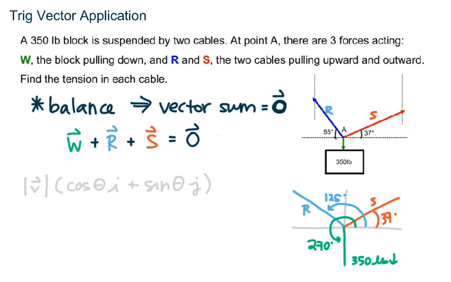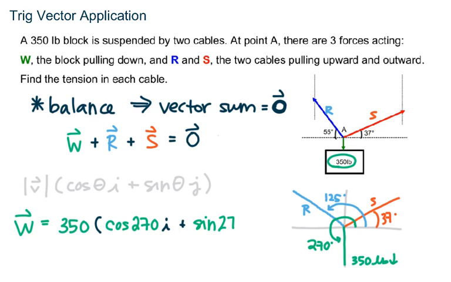So if I set up my vector for W, my weight, we do know the magnitude of this weight, 350 pounds. So we have 350. I don't need the absolute value bars. And then we'll say cosine of the angle. So I've got cosine of 270 i plus sine of 270 j, i and j being those vectors telling us the direction.